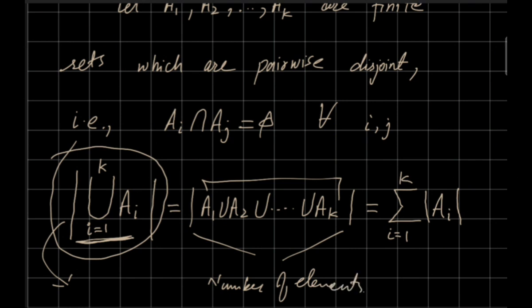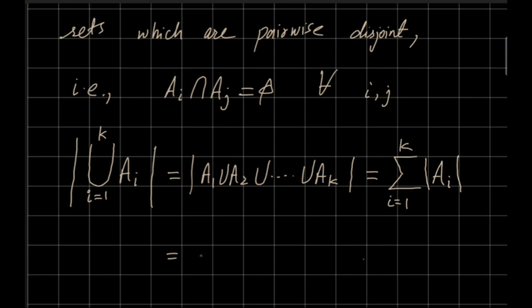So it says that the number of elements in the union is the same as the sum of the number of elements in each set. What does that mean? Let me elaborate. It is equal to the number of elements in the first set plus the number of elements in the second set plus dot dot dot plus the number of elements in the last set.